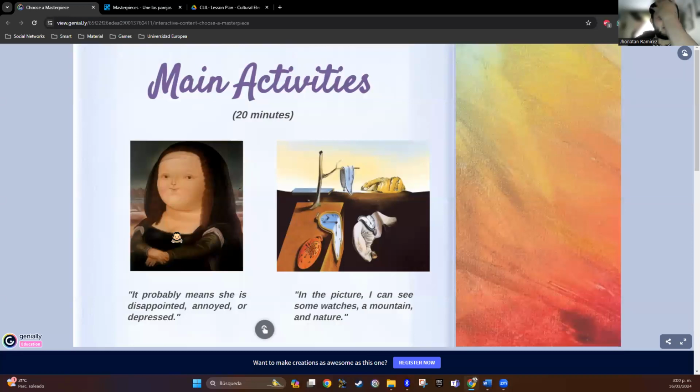Because for example, if we are talking about her body gesture, her body expression, students will have different opinions. For example, it probably means that she is disappointed, she is annoyed, she is depressed. Or if we are talking about The Persistence of Memory, the students could describe what they see. For example, watches, a mountain, nature, etc.